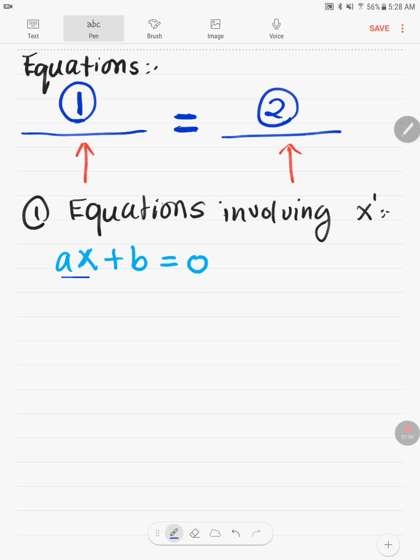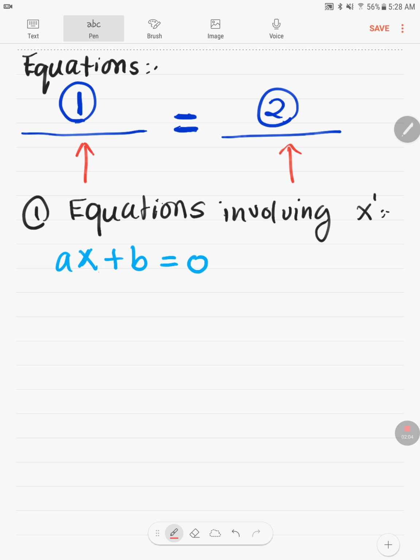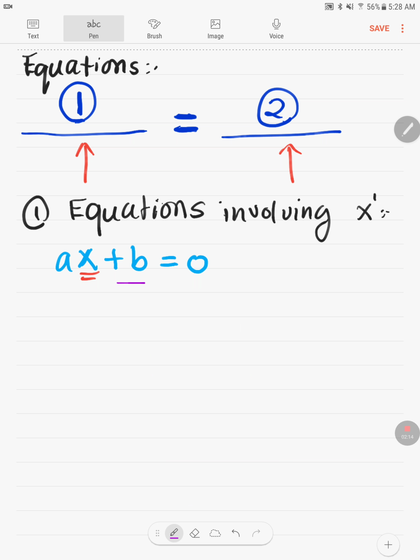When we solve this, we need to isolate the x. So to isolate the x, we apply the following. Basically, we subtract b from both sides.